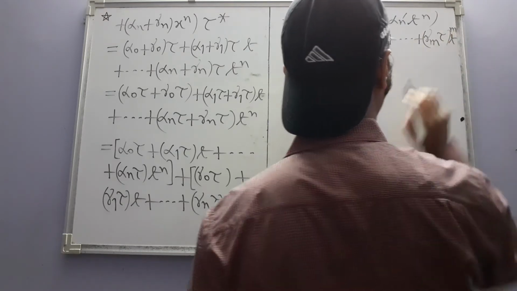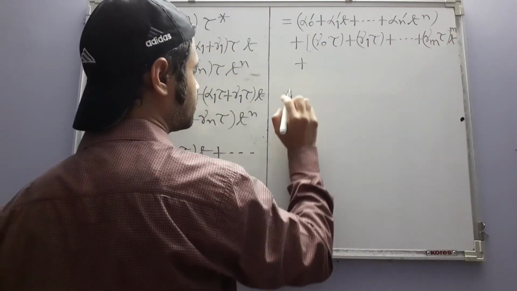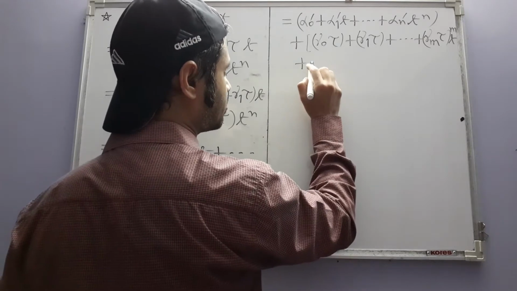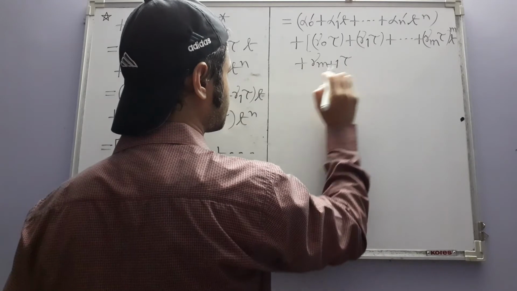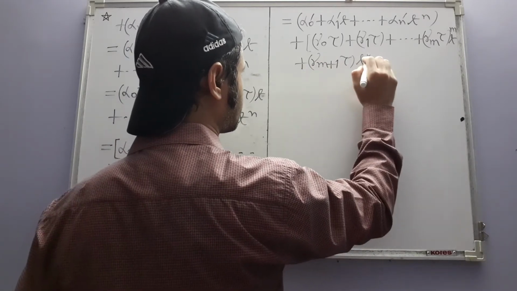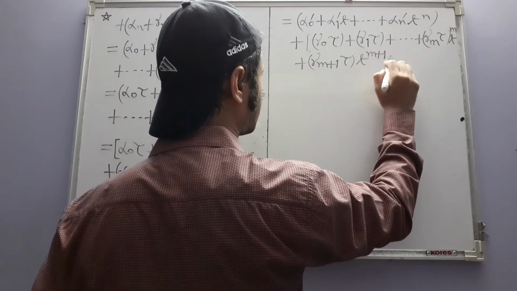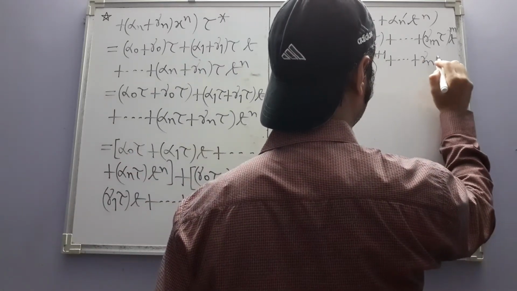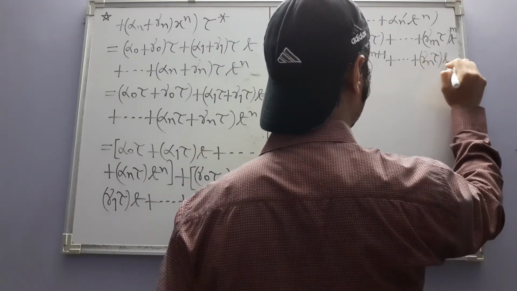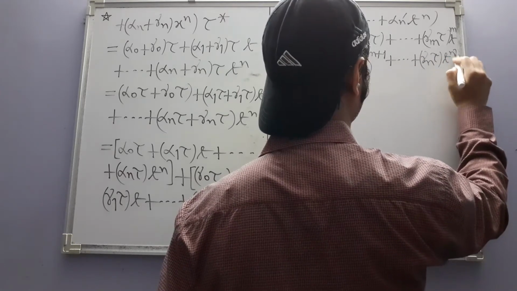T to the power m plus these possible extra terms are there, gamma m plus 1 tau, gamma n tau t to the power n.